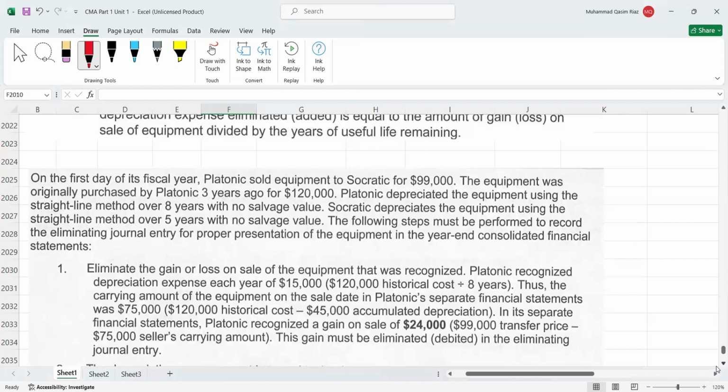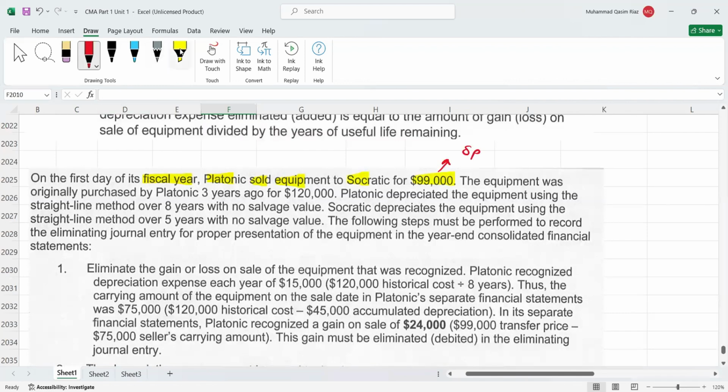On the first day of its fiscal year, at the start of the year, P, the parent, sold equipment, meaning assets, to the subsidiary for 99,000. This is the selling price of the asset.